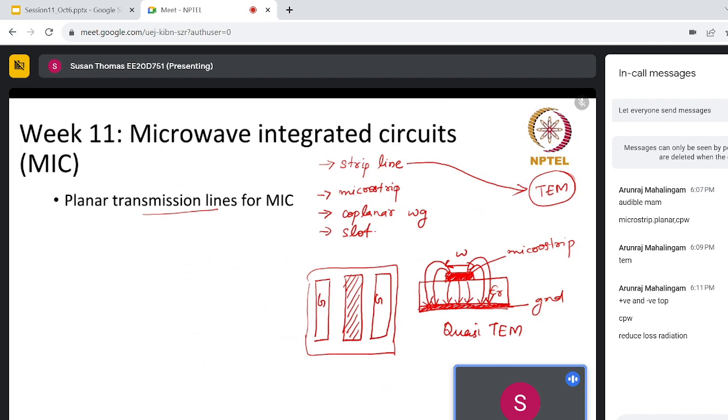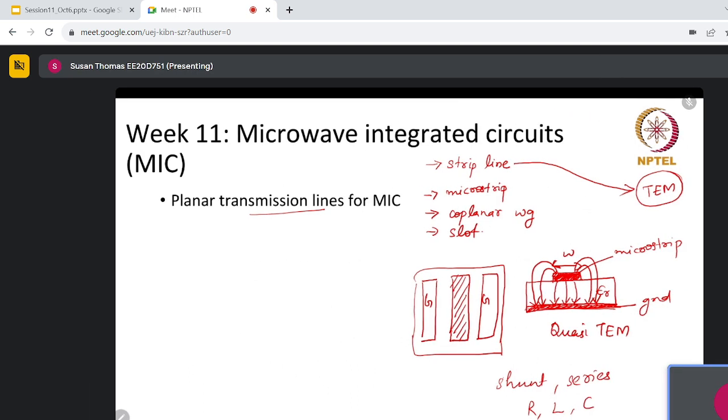And if you imagine, in case of microwave integrated circuits, maybe you require some shunt or series lumped elements. When I say lumped elements, I mean a lumped resistor, inductance or capacitance. Suppose you want to mount any kind of shunt or series lumped components, which one will you prefer?